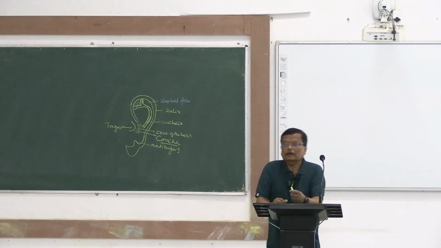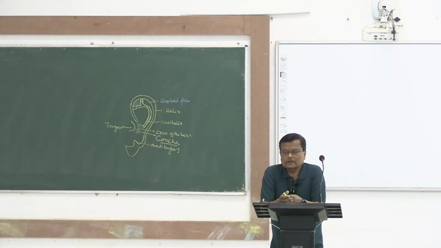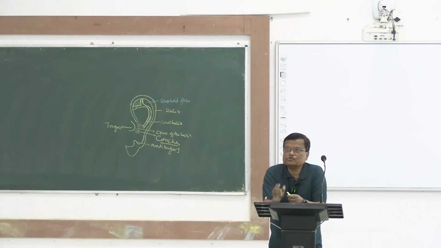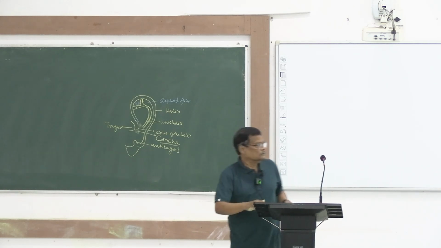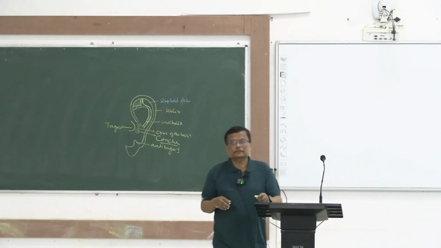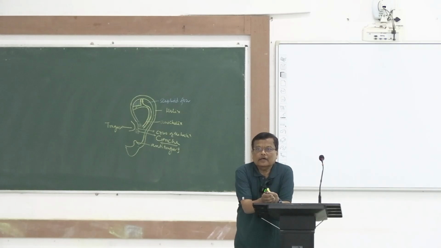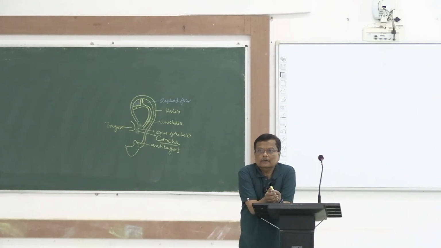This external ear is mainly made up of a single piece of yellow elastic cartilage and fibrous tissue. And there are a few muscles, some extrinsic muscles and intrinsic muscles.